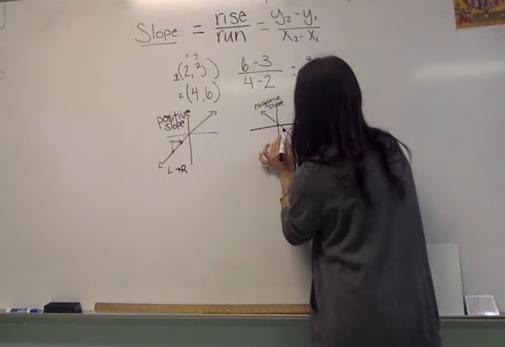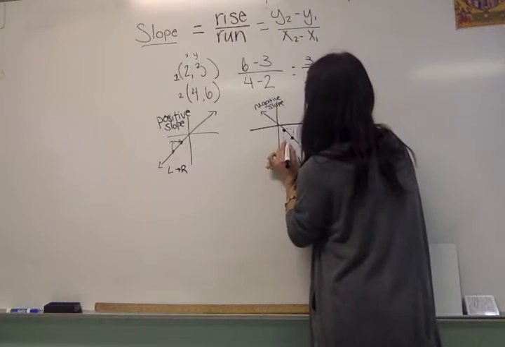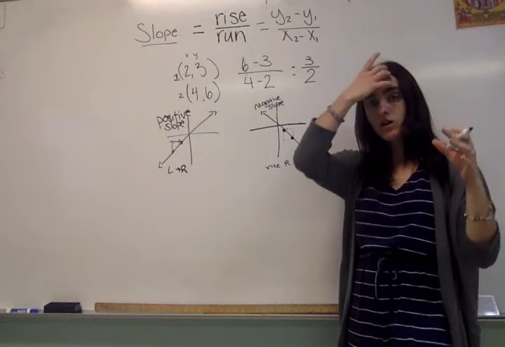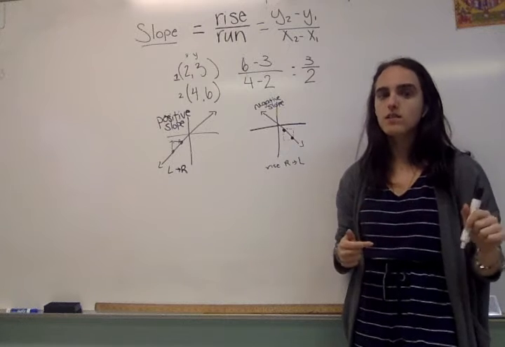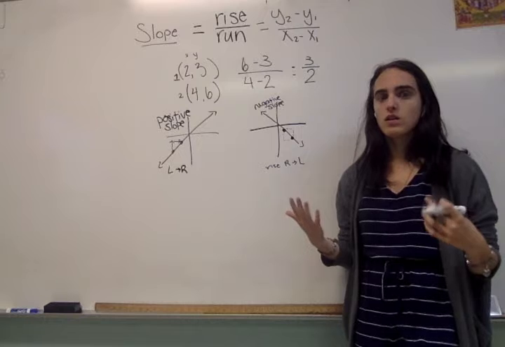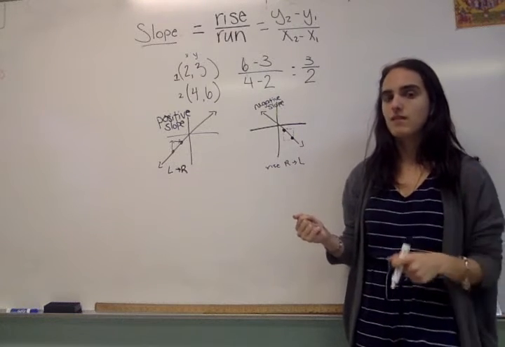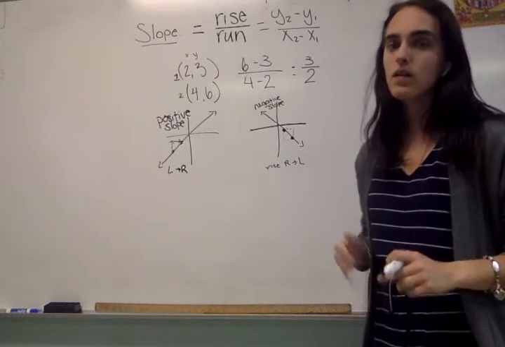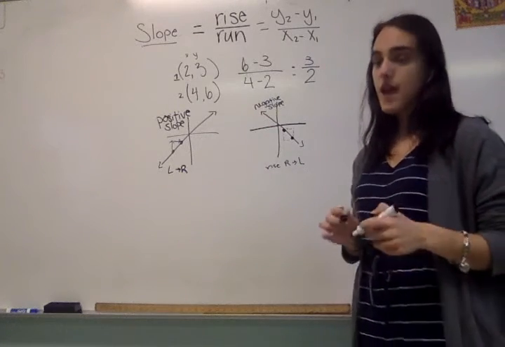Or you're going down, you're falling, the opposite of rising is falling, but you're running positive. So one of your terms is negative. You're either going down or you're going to the left. So the rise and run, one is positive and one is negative, which gives you a line that has a negative slope.